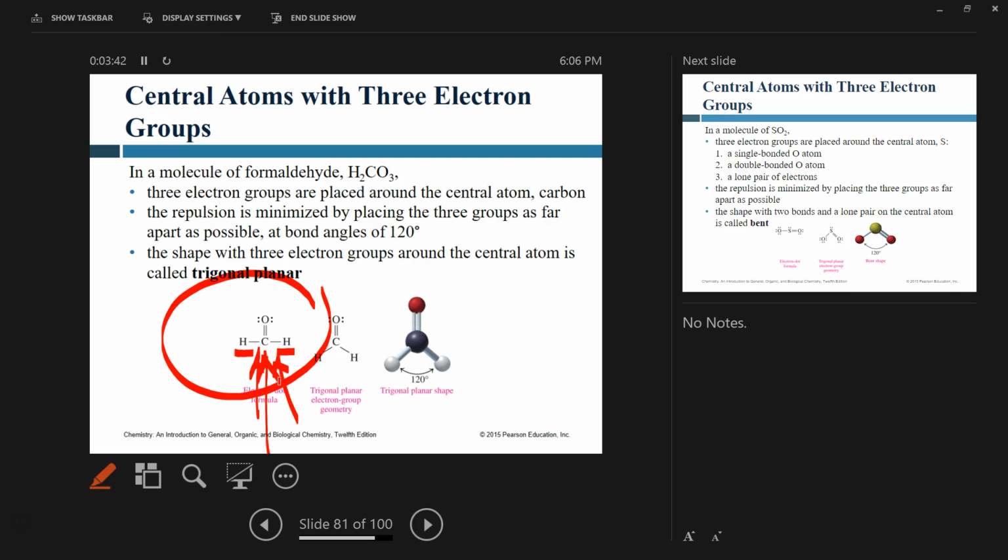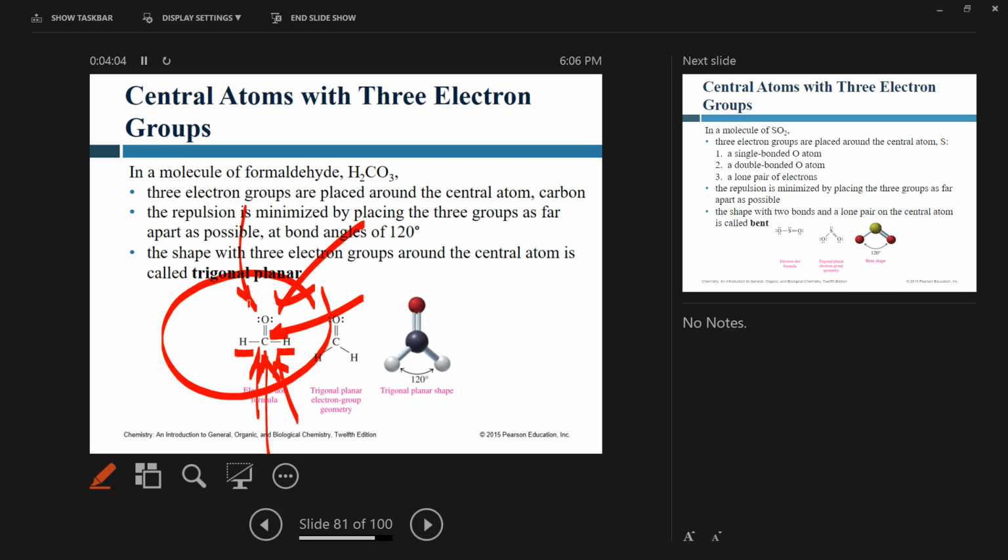Does that make sense? Do you see that? Then you have another two bonding pairs between the oxygen and the carbon. Does that make sense? And then we have two lone pairs at the atom of oxygen.